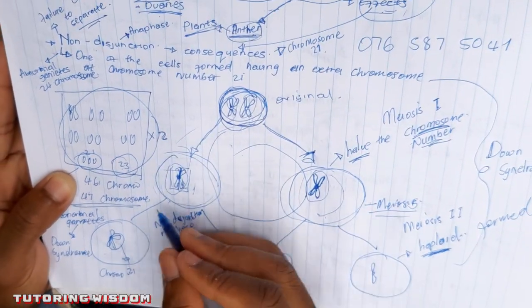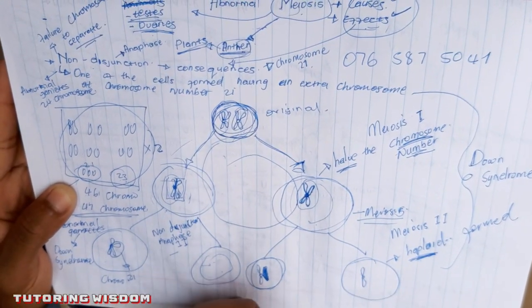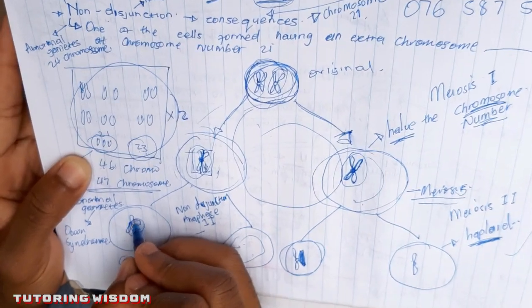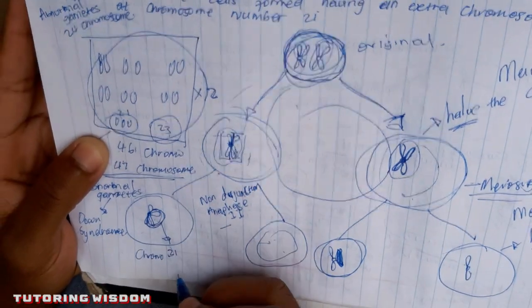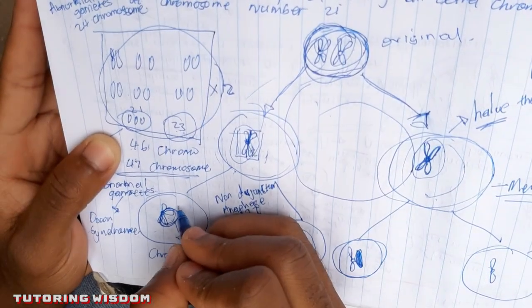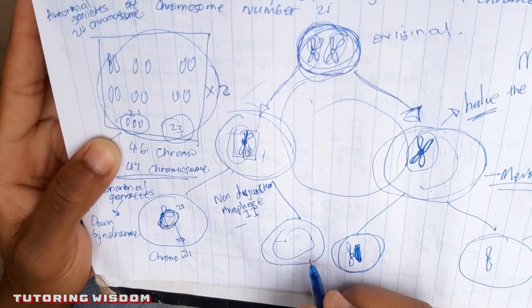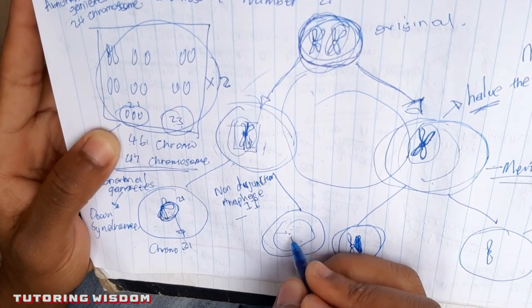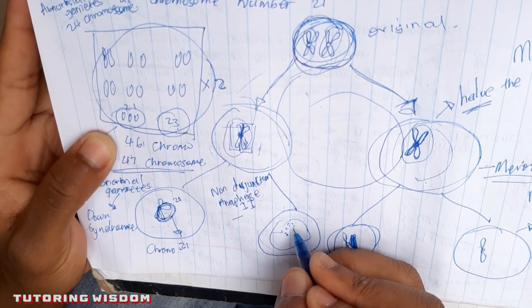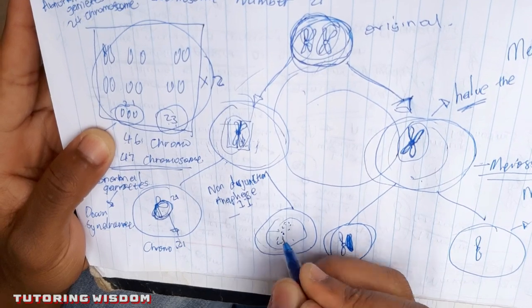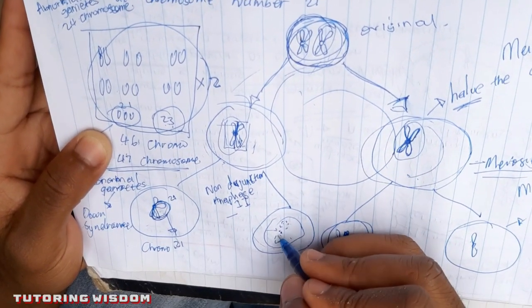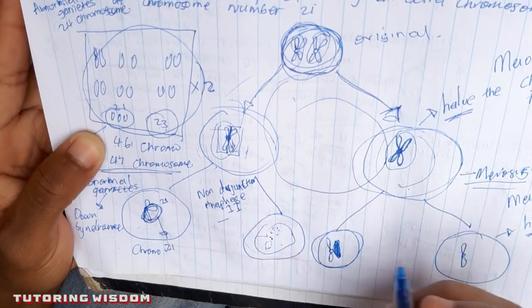Remember, this is meiosis 1, this is meiosis 2. Now, this chromosome has an extra copy. Can you see that? Has an extra copy at chromosome number 21. But this chromosome has 0 chromosomes because that chromosome that was supposed to be this side went to the other side. It was unable to separate from the other chromosome.